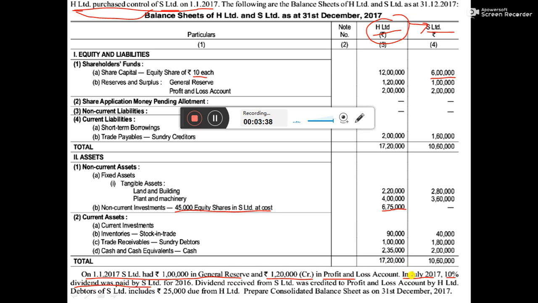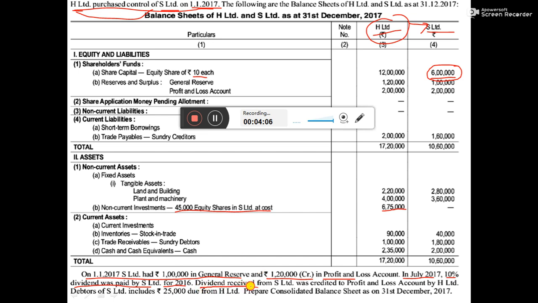So July 2017 is after the date of acquisition, and we have to see whether it is from post-acquisition profit. The dividend was paid for 2016. We have to see what will be the effect of this dividend paid. 10% dividend means from the share capital of 6 lakhs, 10%, that is 60,000, will be paid as dividend.